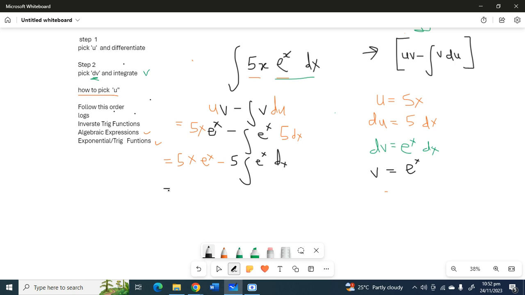All right, then our answer is going to be 5x e to the power x minus 5. The derivative of e to the power x is e to the power x, plus c. Yes, so when we integrated this e to the power x, this is what we get. Then you just multiply 5 times the e to the power x. So this is our answer.